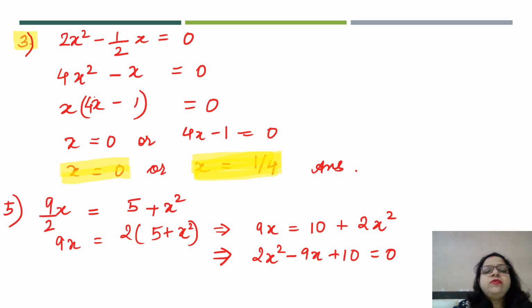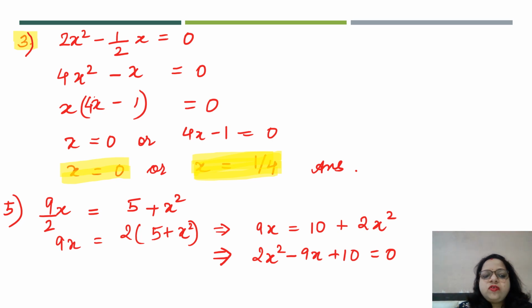So x into 4x minus 1 is equal to 0. x is equal to 0 or 4x minus 1 is equal to 0. So we get the answer as x is equal to 0 or x is equal to 1 by 4. Taking 4x minus 1 means 1 will go to the right hand side and 4 will come in the denominator.